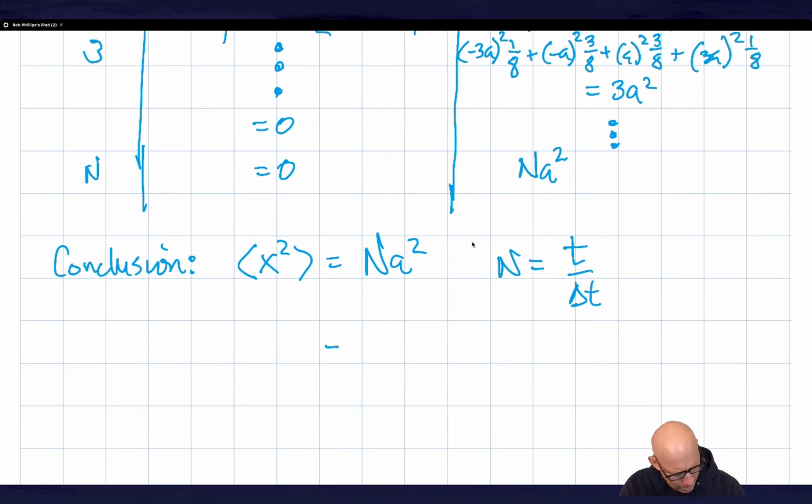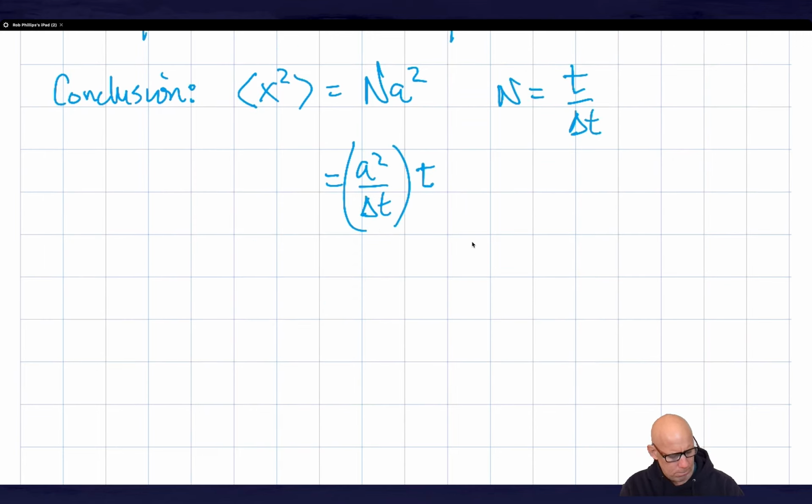So I could rewrite this as a squared over delta t times the time. And this thing has units of length squared over time, so this is our diffusion coefficient in our little toy model.